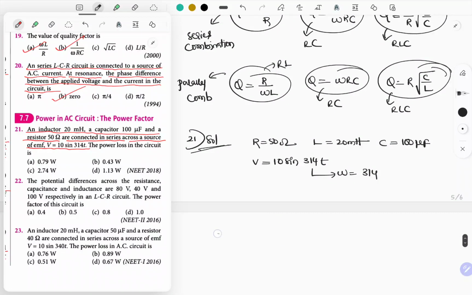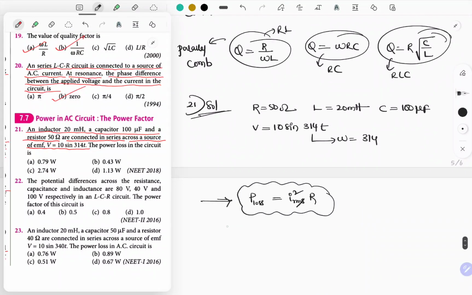This is the general formula for power loss. Power loss in the sense, loss of power will occur only in the resistor. So power loss in the resistor is equal to IRMS square R. I know the value of R. Now I have to find out IRMS.